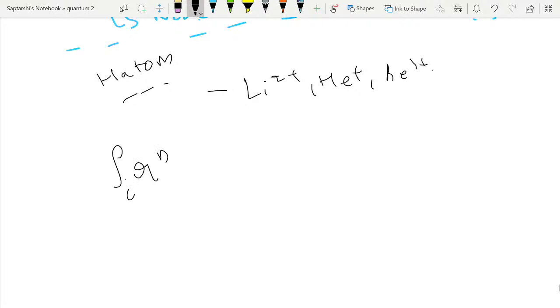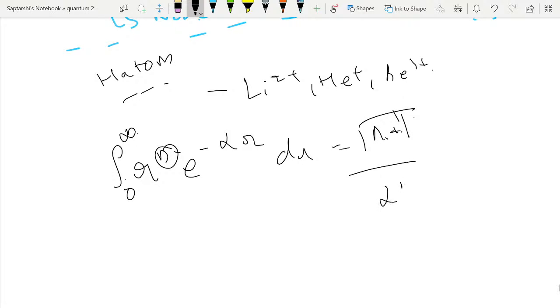It can be given as the integral of r from 0 to infinity of r to the power n e to the power minus alpha r dr, which equals gamma of n plus 1 divided by alpha to the power n plus 1. So there can be any constant n, which is being integrated into e to the power minus alpha r. Gamma of n plus 1 is actually nothing but n factorial.